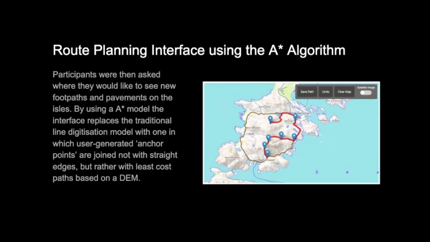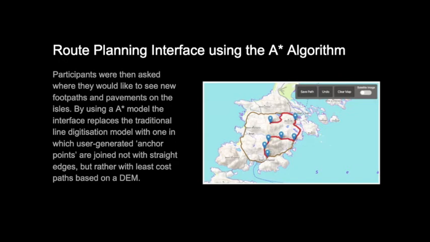So instead of relying on the participants' individual ability to digitize a set of straight line segments, the onus for data quality is placed on the algorithm and data set. To balance speed and accuracy, a resolution of 35 meters was used in this instance for the DEM.